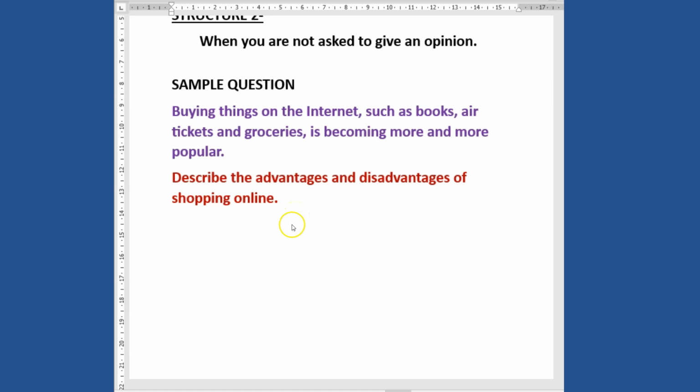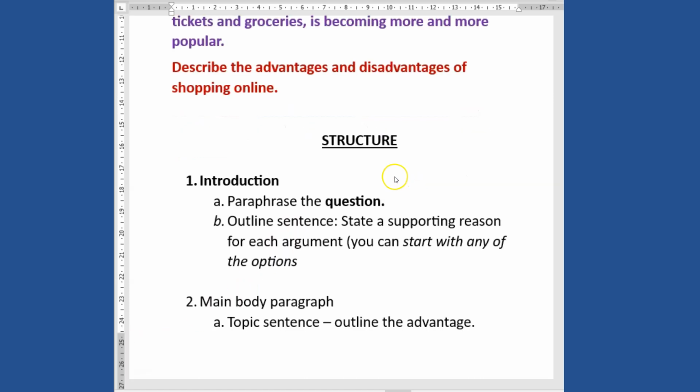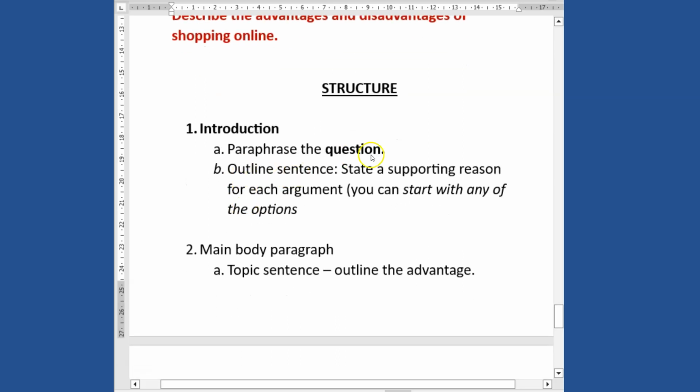So let's see how the structure of the essay will be. We are still dealing with the 4 paragraph system. In this structure, we start with the introduction. In the introduction, we will paraphrase the question, and this time we just have to state the supporting reason for each argument, those for advantages and those for disadvantages. We don't have to state any opinion because we were not asked.